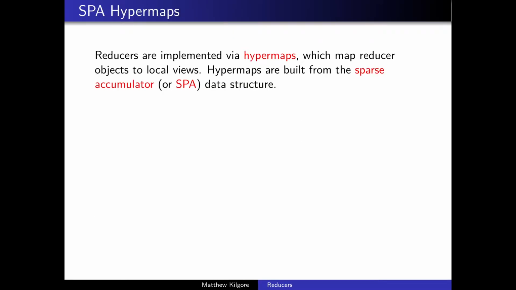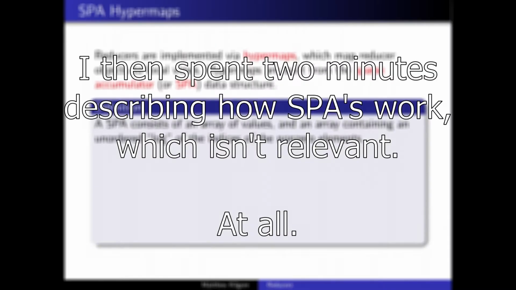Now, reducers are implemented via hypermaps, which map reducer objects to local views. And the hypermaps, in turn, are built from the sparse accumulator data structure.